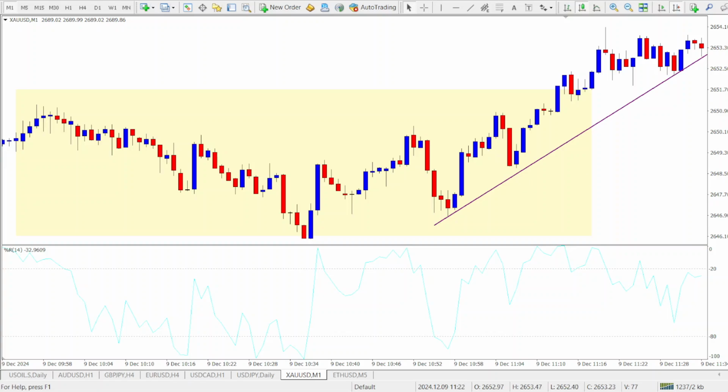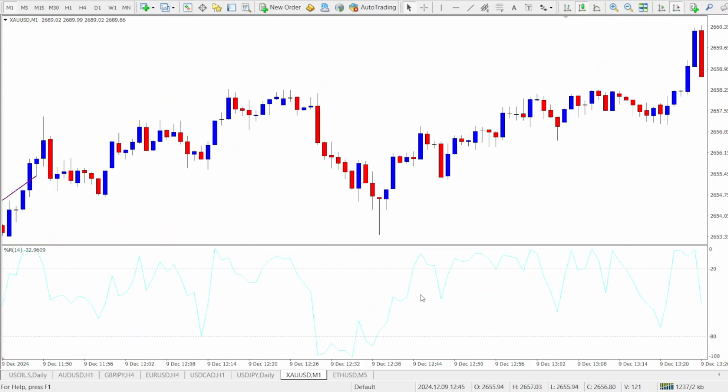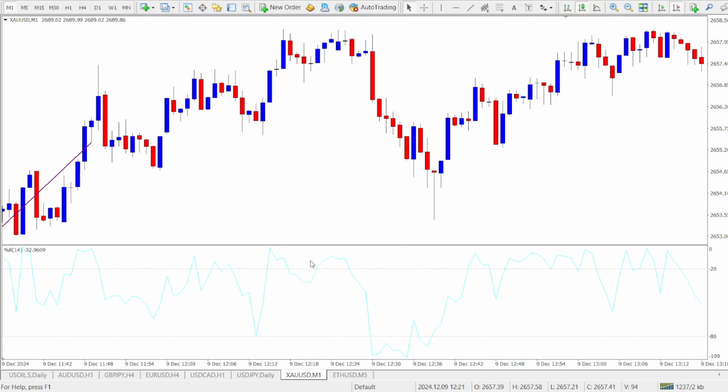Now let us talk about how to use Williams percentage range in your forex trading strategy. First of all, like I already mentioned, you can use this indicator to identify reversals. Let's look at this example. You can see that when the indicator moved into the overbought zone, it signaled a potential reversal to the downside.